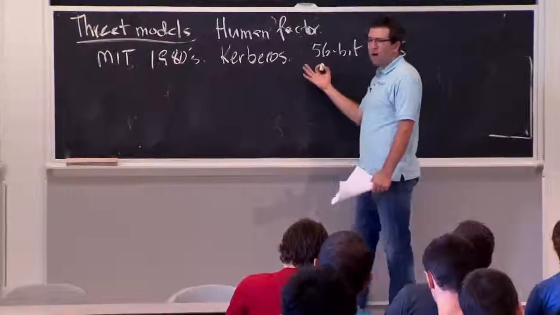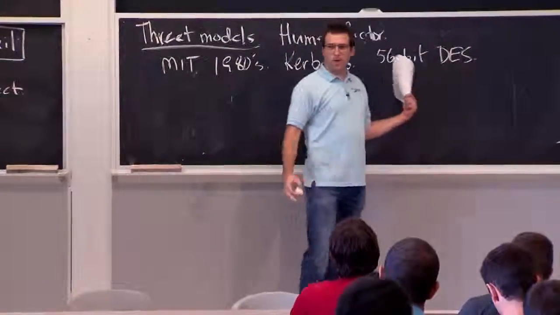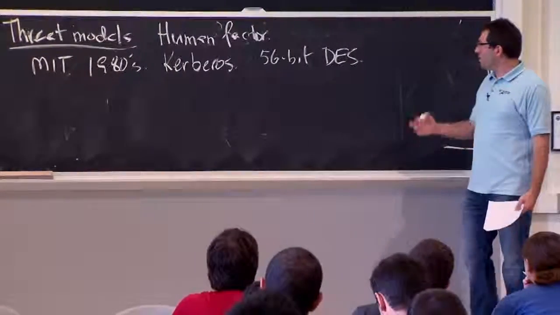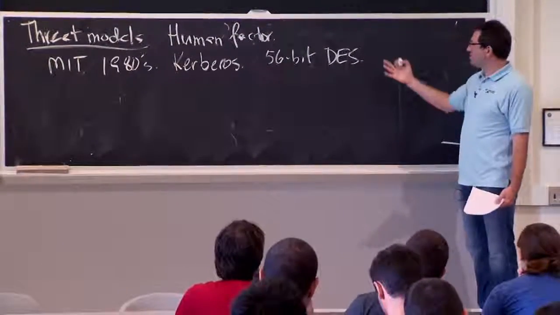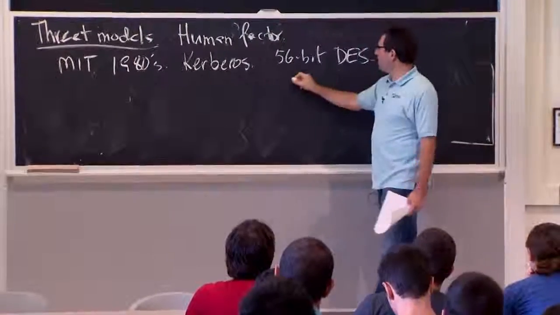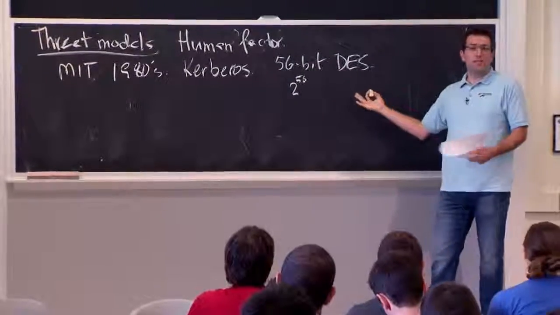But then the system got popular, got used a lot. MIT still uses it. And they never really went back to seriously revisit this assumption. And then a couple of years ago, a group of 6.858 students figured out that yeah, you can just break this. It's easy enough to enumerate all the 2^56 keys these days. Computers are so fast, you can just do it.